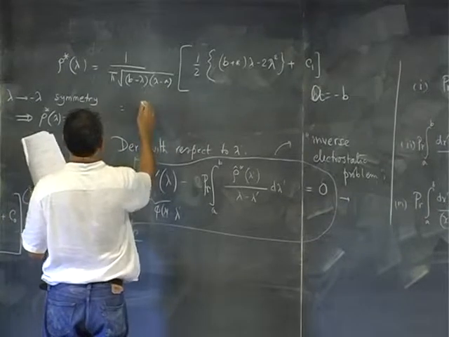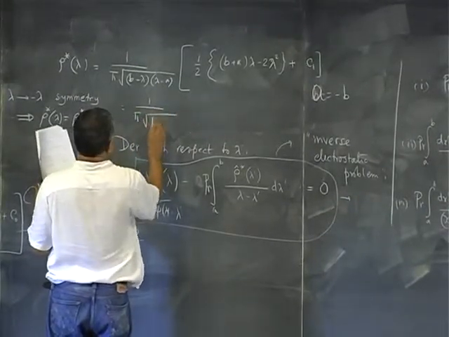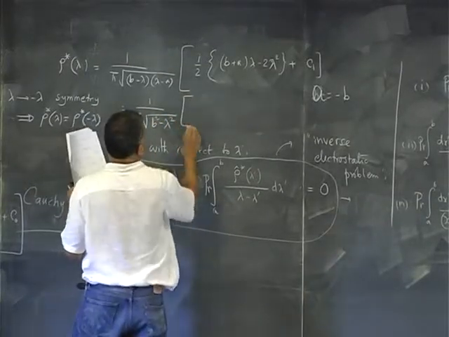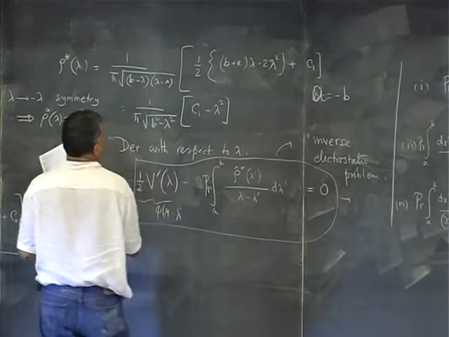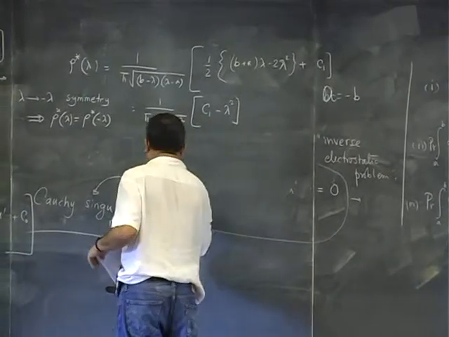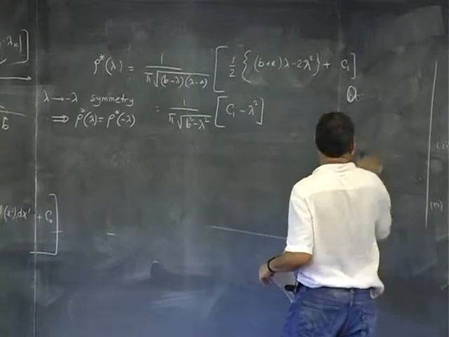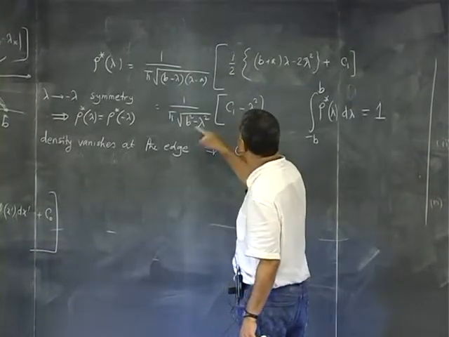If I use A equal to minus B, it just becomes 1 over pi square root of B square minus lambda square times C1 minus lambda square. The C1 must be equal to B square.